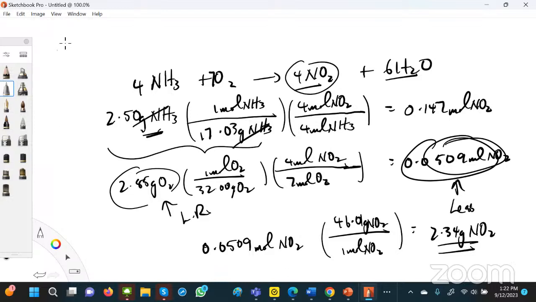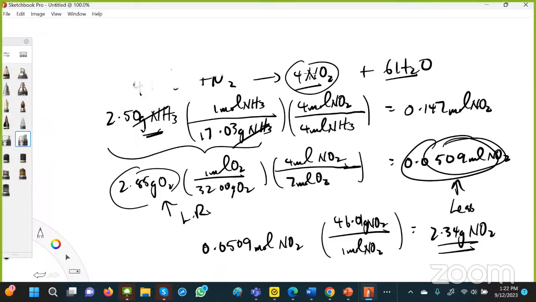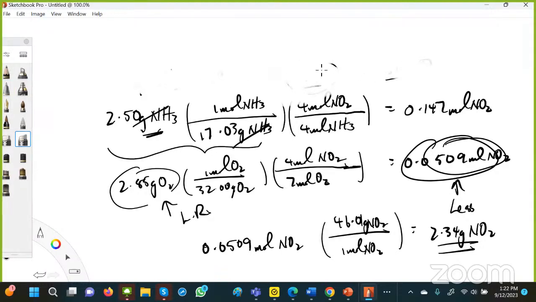Let me erase, I need a space. Okay, so basically, how would you determine the amount of ammonia that has reacted?